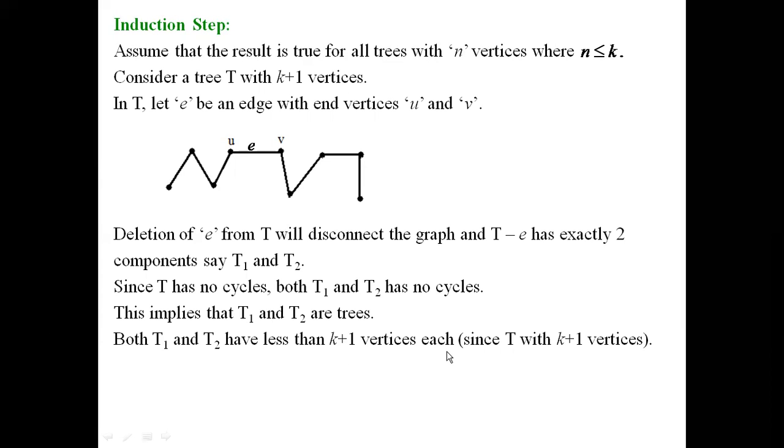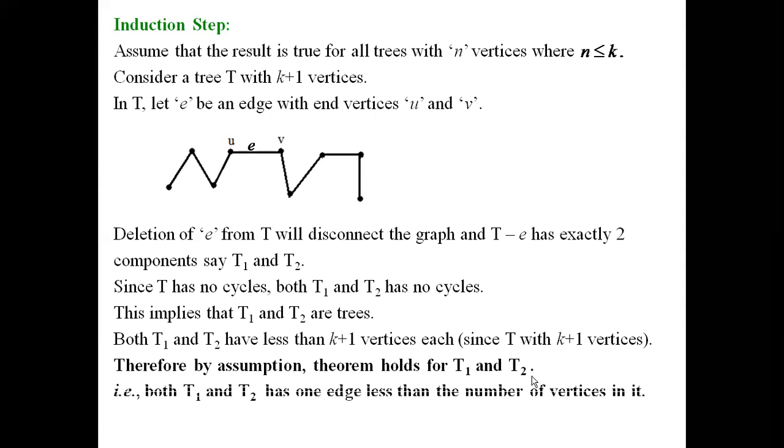So we can say both T1 and T2 satisfy the theorem according to the assumption made, because in the induction step, we assume that the result is true for all n vertices where n is less than or equal to k. So the theorem holds good for both T1 and T2. That is, both T1 and T2 have one edge less than the number of vertices in it. That's what the theorem says, no?